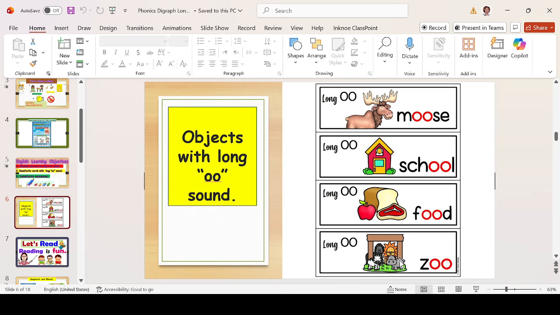Okay, so do you like to go to school? Yes, I want to go to school. Do you like to eat some food? Yes, I like to eat some food. I'm so hungry. And can you see the moose? Yes, I can see it. It's over here. And what is this one?